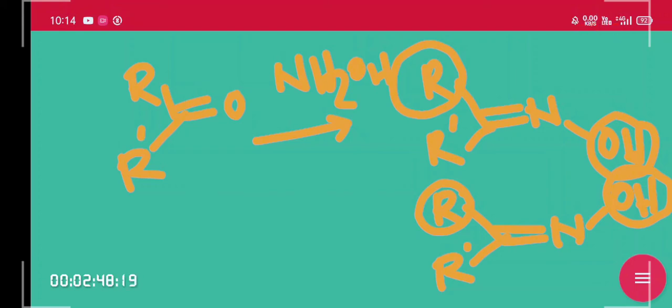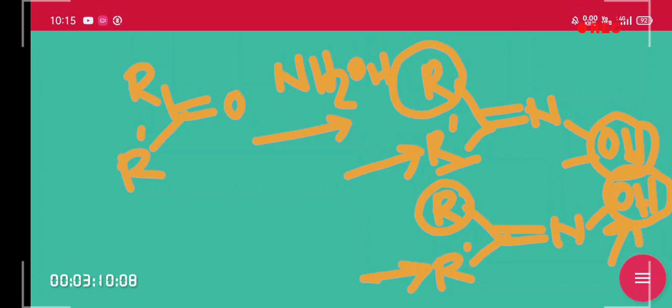Similarly, if you do nomenclature with respect to this R prime, then the first structure will be syn, as R prime and OH are in the same direction. And for the second structure with respect to R prime, OH is on the opposite side, so that will be anti.